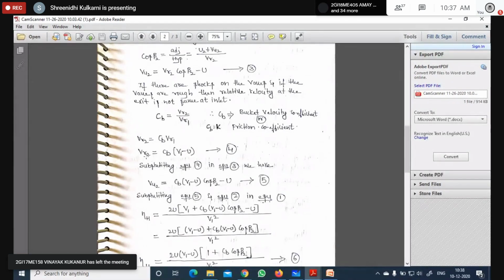Next, once we know VR2, we substitute it into VU2.